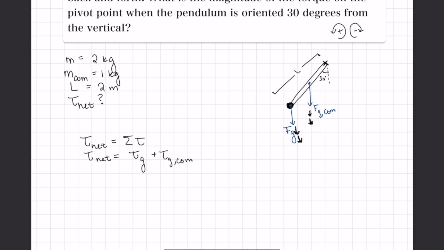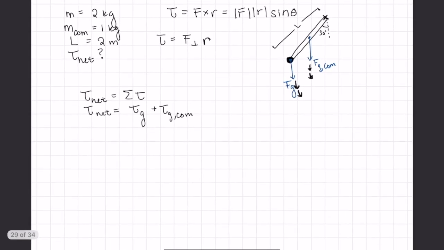I guess the other equation I want to make sure I write out here is just the torque in terms of force. So we can either write that cross product between F and R as the magnitude of the force times the distance times sine of the angle between them, or we can write it as the perpendicular component of the force times R. I will go ahead in this example and show both ways, just so you can see how both ways are done, and I'll do the angle first.